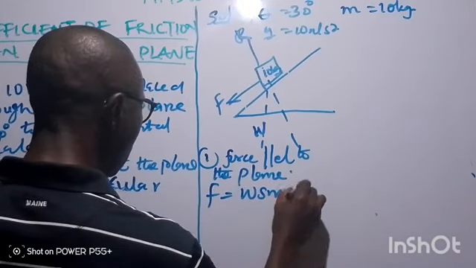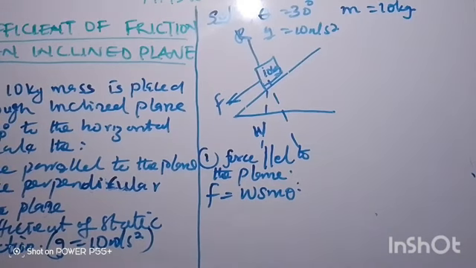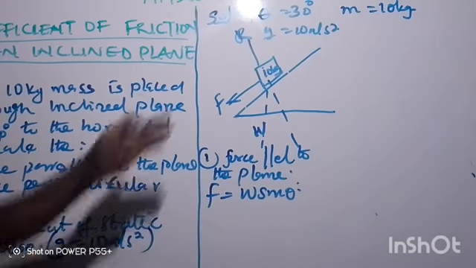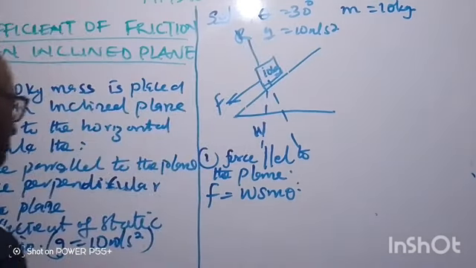Don't forget, we've derived this formula the other time, and since weight of this body is not given, but mass is given, and we were given g as 10 meters per second squared, you can now say that will be mg sine theta.